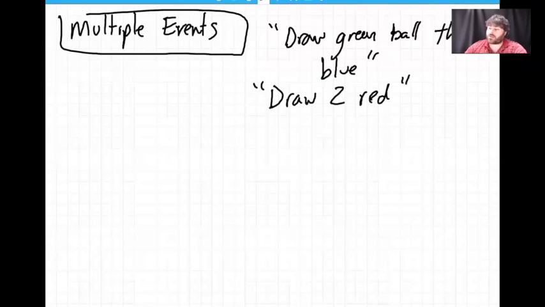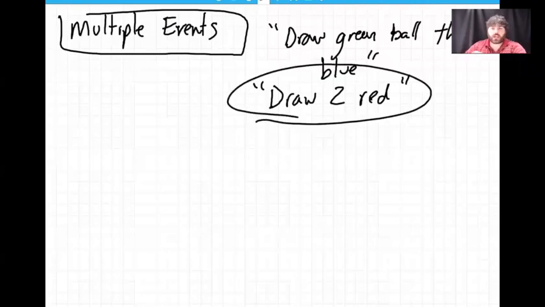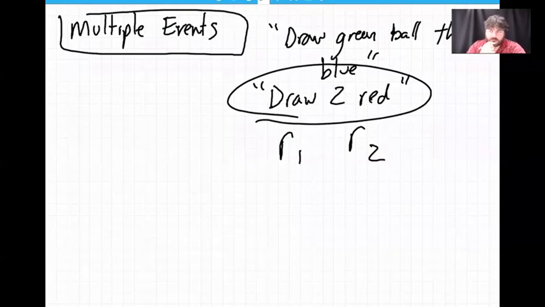Okay, these sound different. Drawing a green ball, then a blue, or just drawing 2 at a time. Okay, when you hear draw 2 red, don't think of it as drawing 2 at a time. Think of it as drawing 1 and then drawing another time. So draw the first red and then draw the second red. That will help you make sense of this probability. Okay, so treat these 2 kind of things the same.